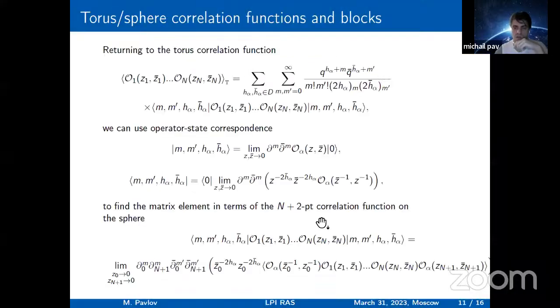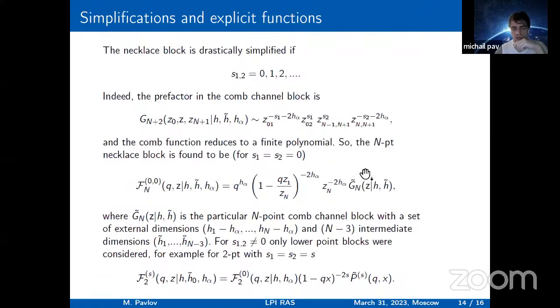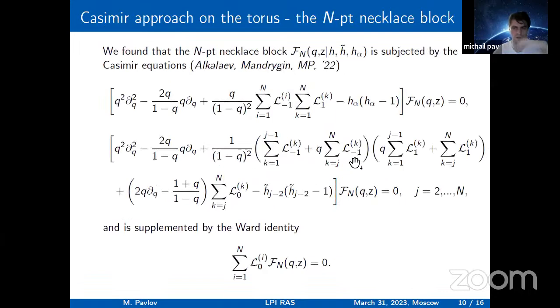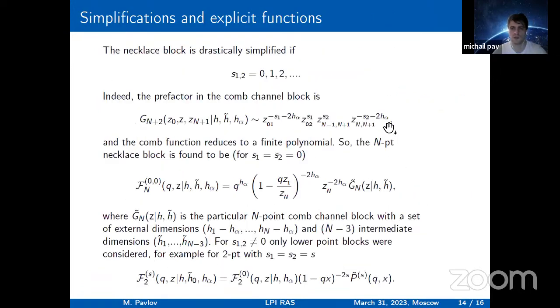Having this expression, we return to the Casimir equations. Just to remind you, there are n of them, and if we substitute this into these equations, we obtain some equations for the function jn.